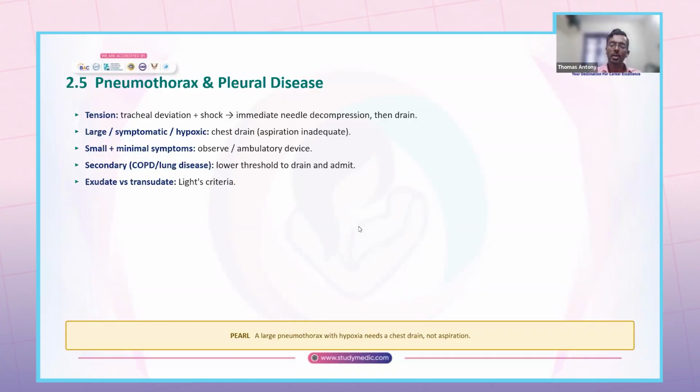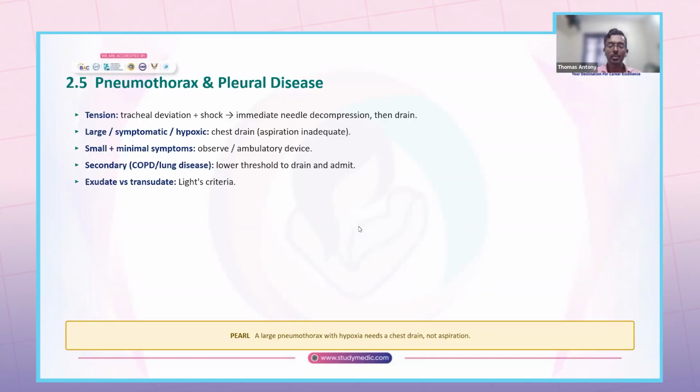And if the patient is symptomatic, what will you do? If there is significant pain or breathlessness, you can either go for needle aspiration or you can go for small bore chest drain. So it's a small bore chest drain. These patients require admission, not the patients who are not symptomatic. Okay.